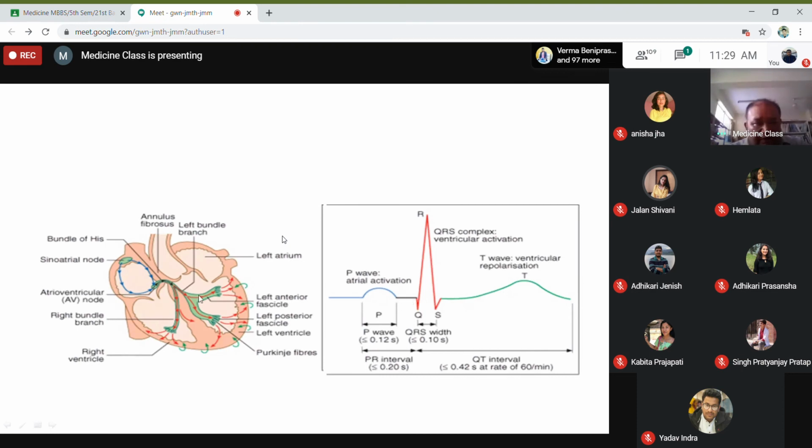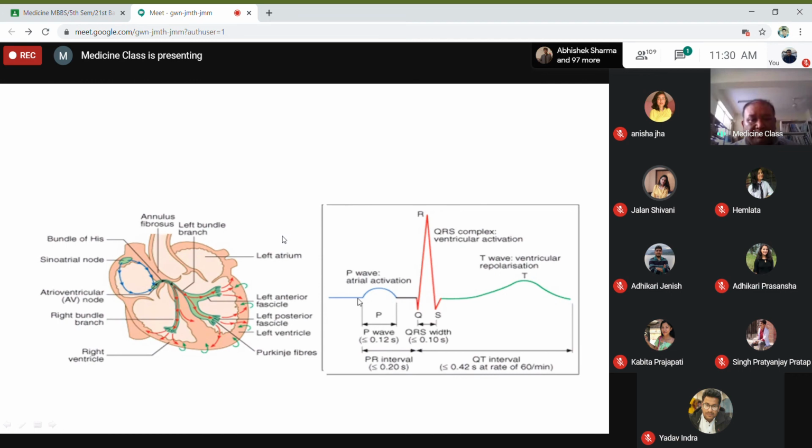The ventricles are denoted by the QRS complex, this Q, R, and S. Now, repolarization of the ventricles is the T wave. And repolarization of the atrium would be somewhere hidden in the QRS complex, so we won't see that.